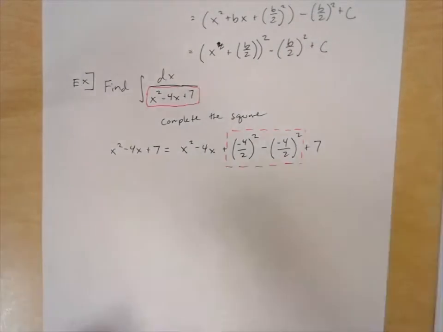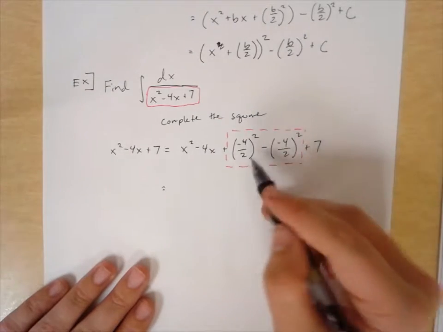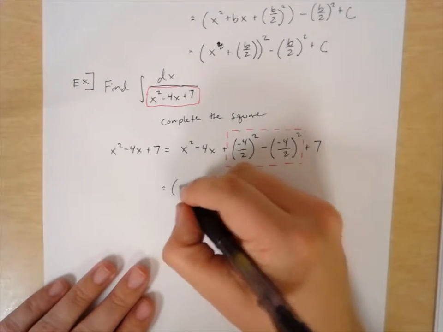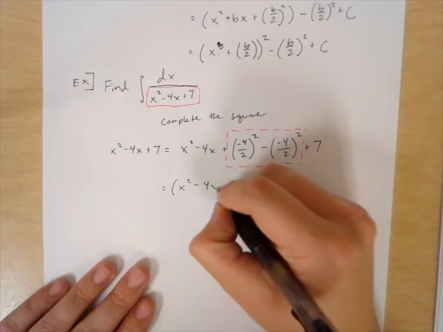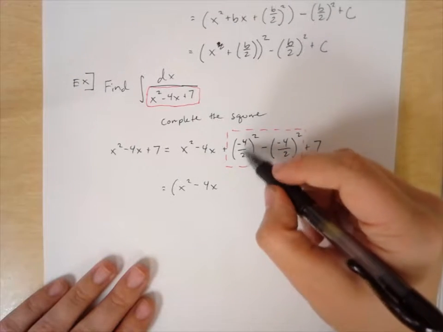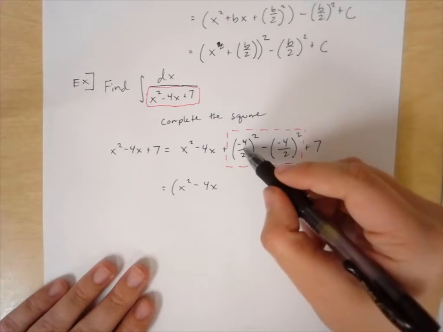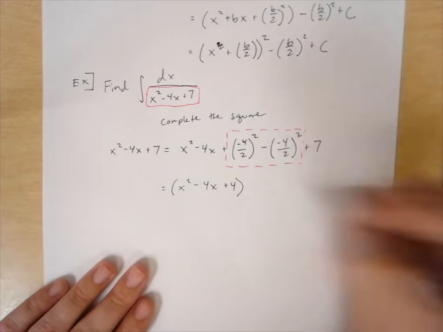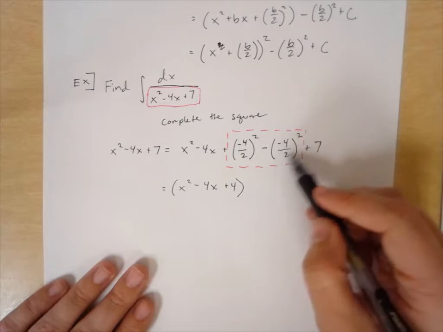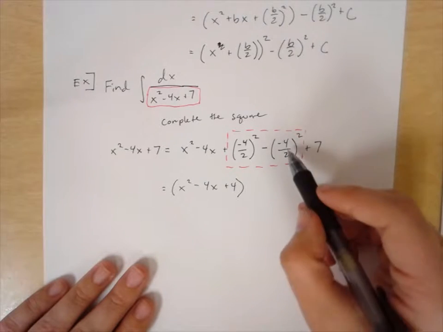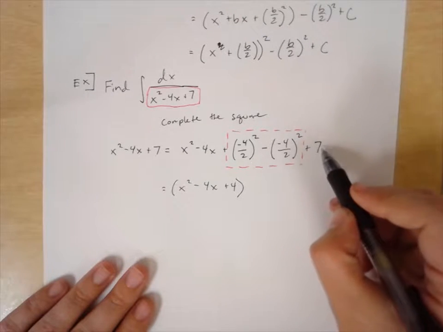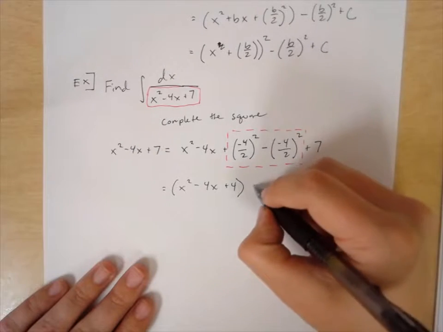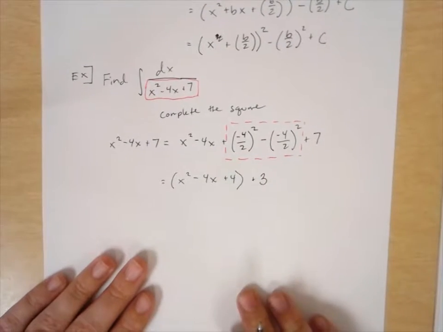Great. And now what happens is when I simplify this, I get x squared minus 4x plus negative 4 over 2 is negative 2. Negative 2 times 2 is positive 4. And then, again, I know this is going to be positive 4, so negative 4 plus 7 is going to be a positive 3.